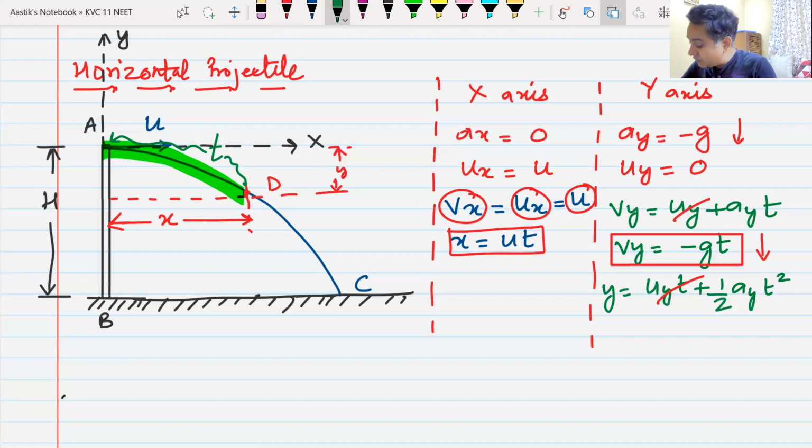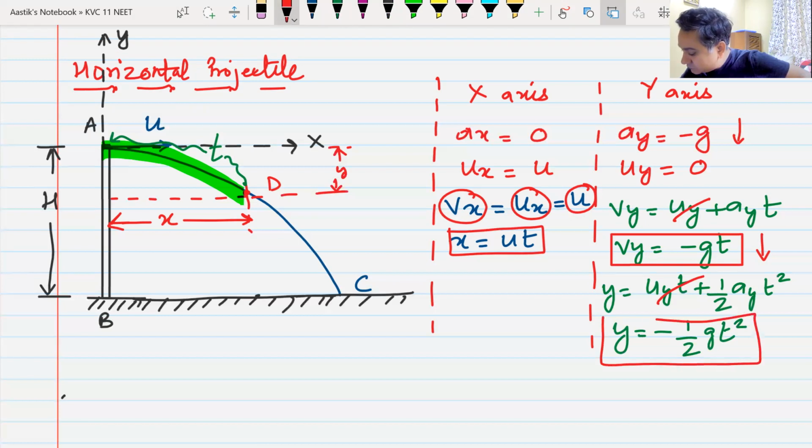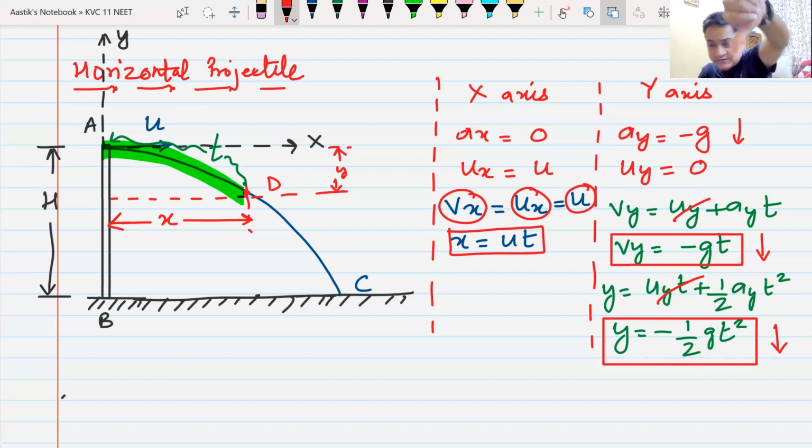So I can get the value of y. Displacement in the y direction will be minus half g t square. What does this negative sign indicate? This negative sign indicates that this is downwards. Do we understand this? Yes or no?